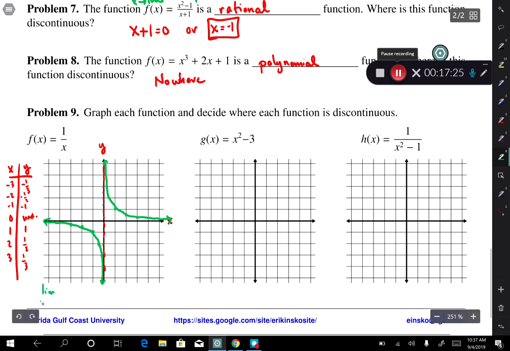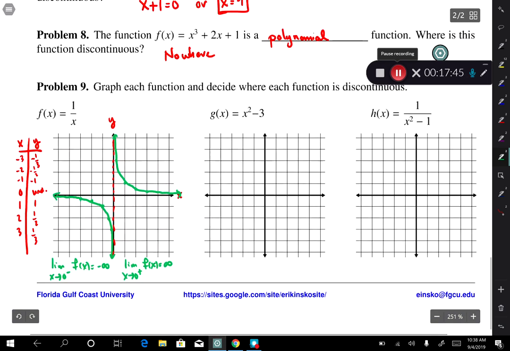So the limit as x approaches 0 from the left of f of x is -infinity. The limit as x approaches 0 from the right of f of x is +infinity, because as I'm getting closer and closer and closer to 0 from the right, the y values are taking off towards +infinity.